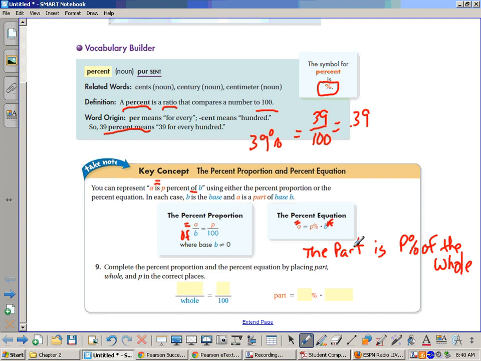In this case, the part is always over here by itself. That was the A part. So the part always goes on top in the proportion. That's referring to the A, if you're using that example. And then P always goes over 100. So whatever the percent is, that always goes over 100. Over here, P will always be next to the percent symbol, and then we'll always have the whole being multiplied by it.